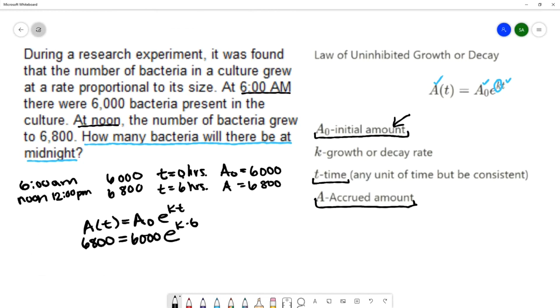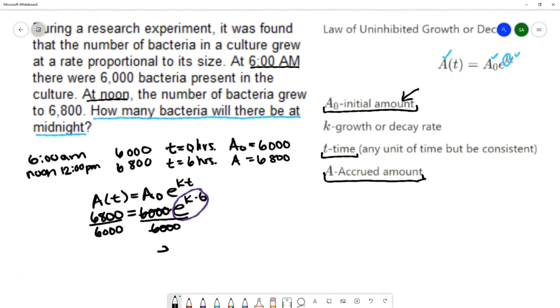To solve this, we're going to start by isolating the exponential. We do that by dividing by 6,000 since this is multiplied. We're going to do that on both sides. That cancels out the 6,000 on the right, and we'll have e to the 6k.